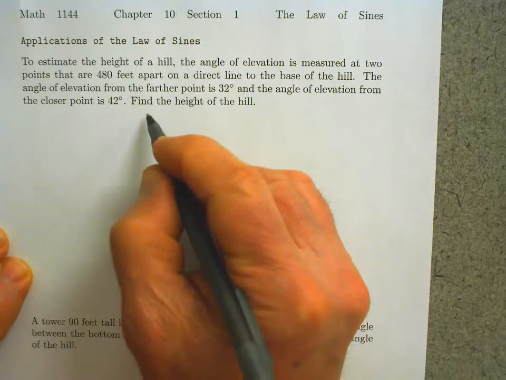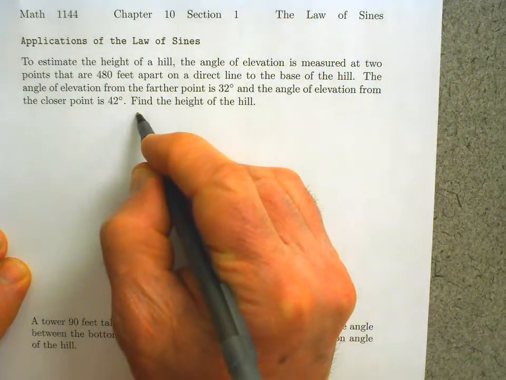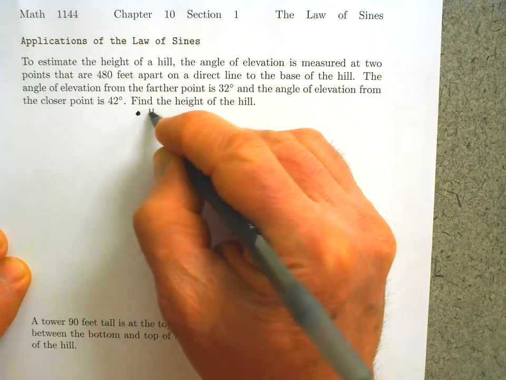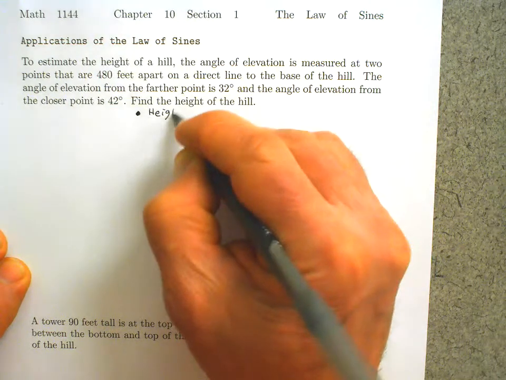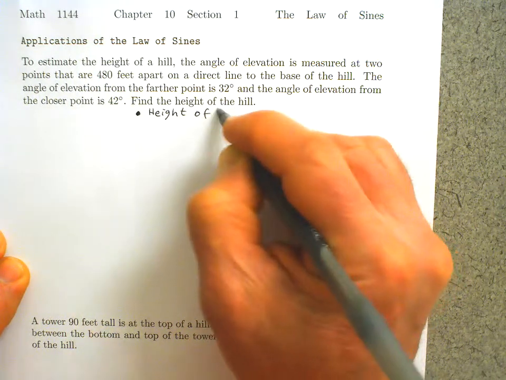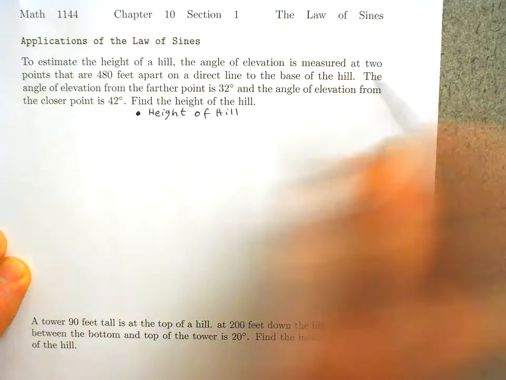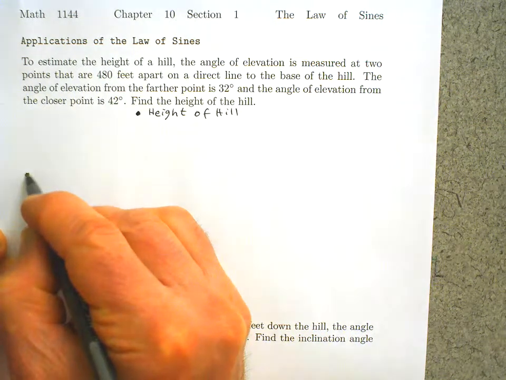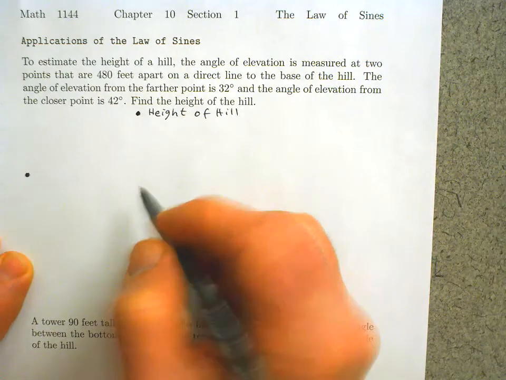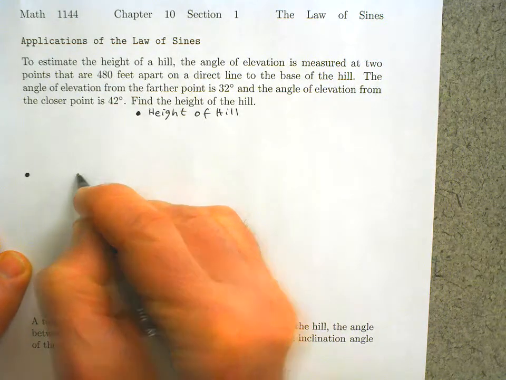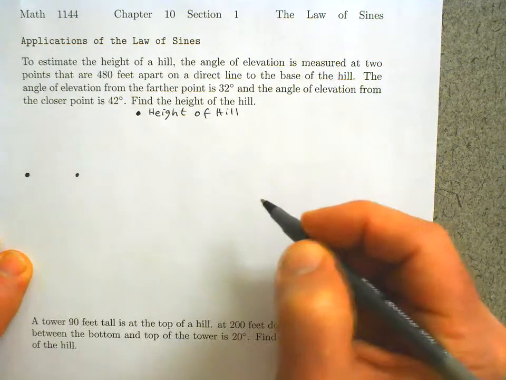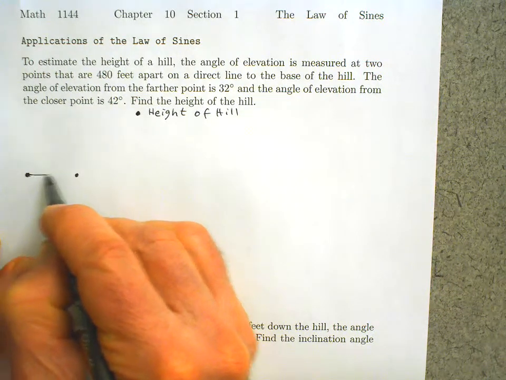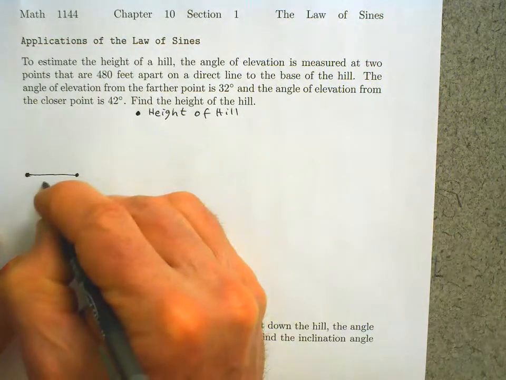Okay, so let's suppose this is the height of the hill. And then we have two different points from which angles of elevation are measured. These 2 points differ by 480 feet.